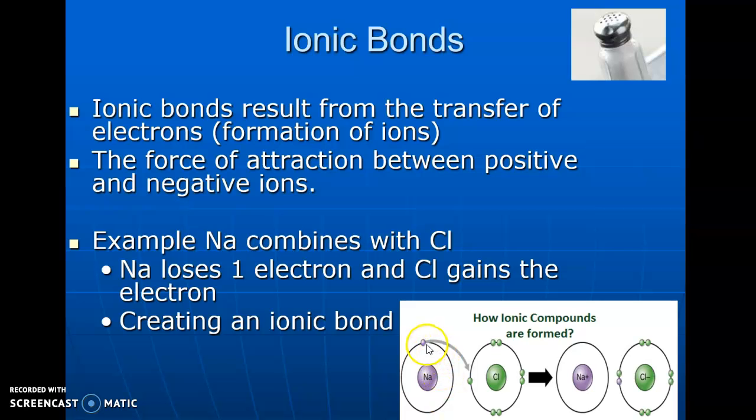The sodium is able to lose its electron because the chlorine gains that electron. Once that has happened, the sodium, now minus an electron, has become a positive ion, and the chlorine, with its extra electron that it just gained, has become a negative, and the two then attract to each other, forming an ionic bond.